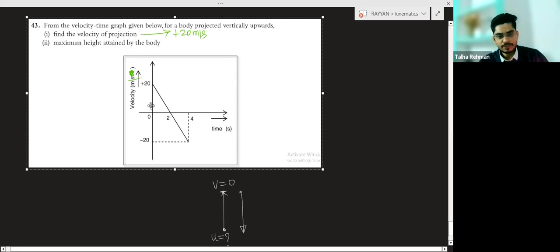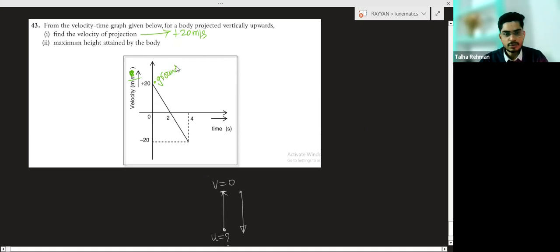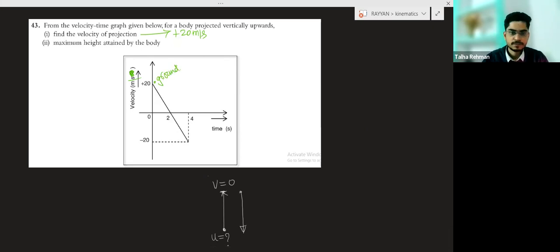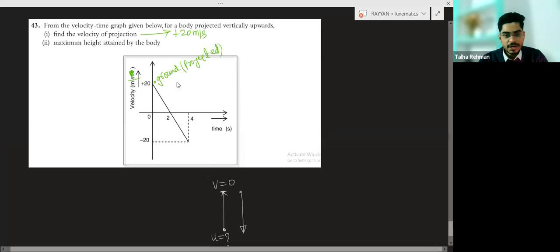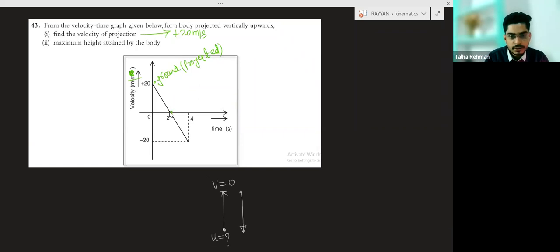Now you can see the graph. Initially the body is at the ground, and on the ground this is the projected velocity. When the body has 0 velocity, what is the position of the body?